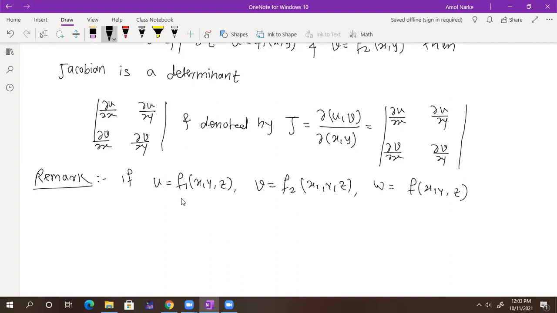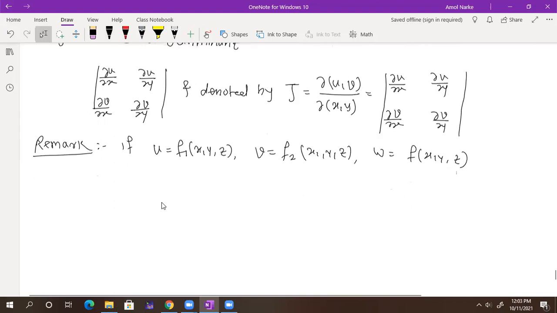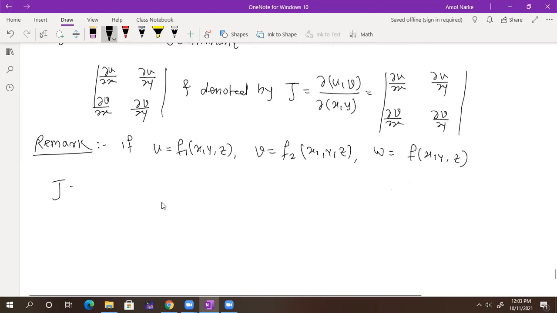Okay. So now, what is the Jacobian of u, v, w with respect to x, y, z?